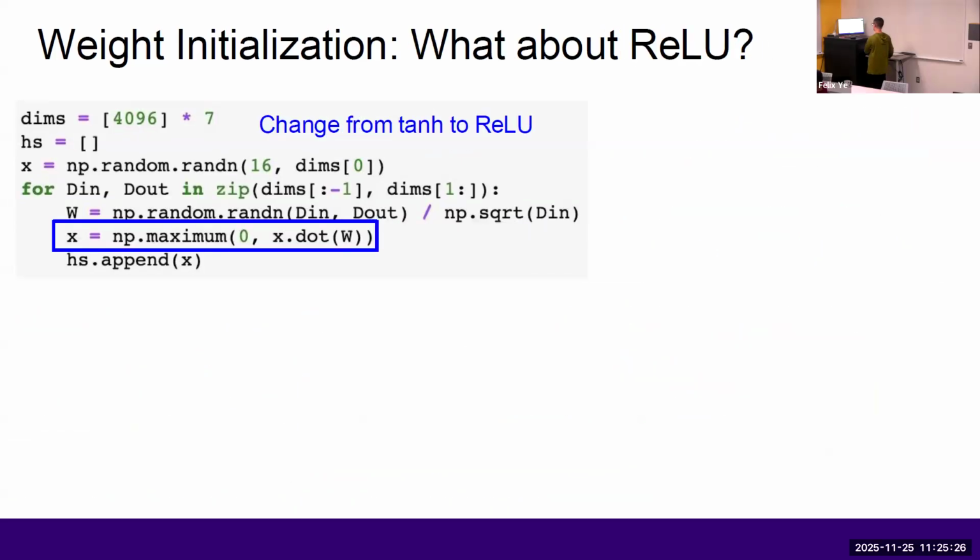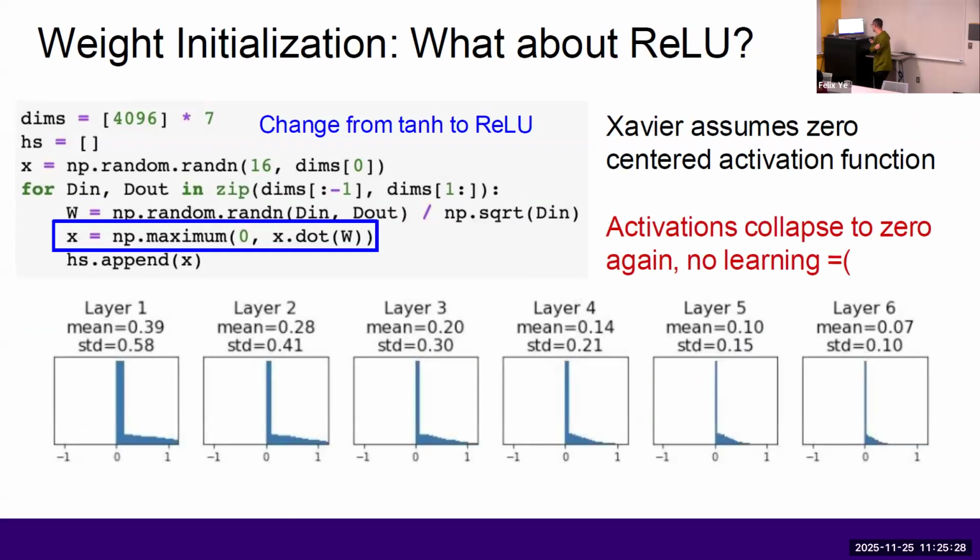So if we choose ReLU, a huge amount of the values will be concentrated at 0 at layer 6. All the activations collapse to 0. This is bad. One of the reasons is that Xavier initialization assumes zero-centered activation functions, right?